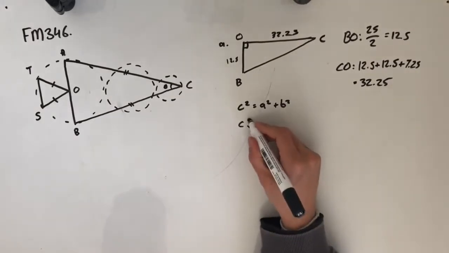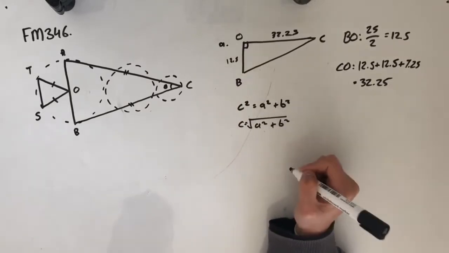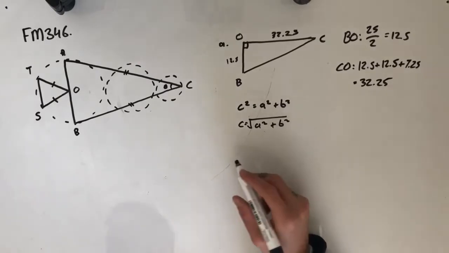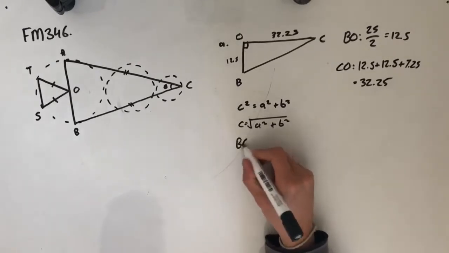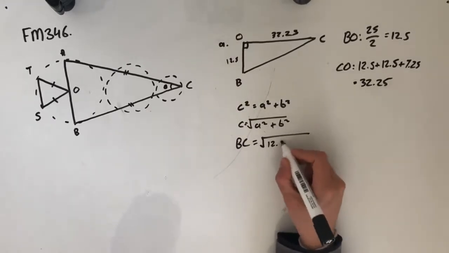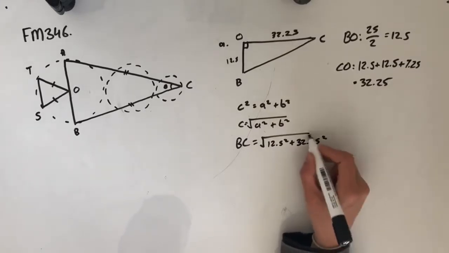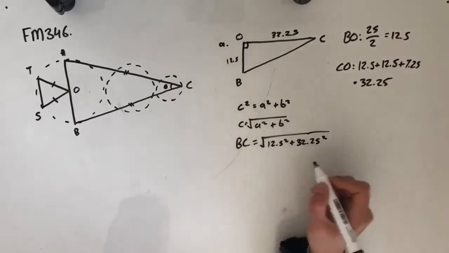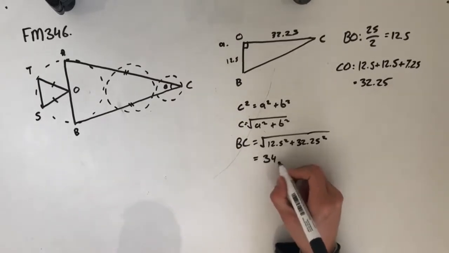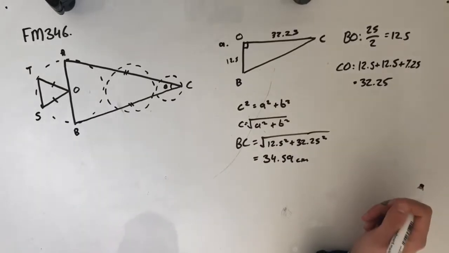A little rearrangement here: c is equal to the square root of a squared plus b squared. And from here, we get that BC is going to be equal to the square root of 12.5 squared plus 32.25 squared. Plugging this into a calculator, you should get an answer rounded to two decimal places of 34.59 centimeters, exactly like the question was asking for.